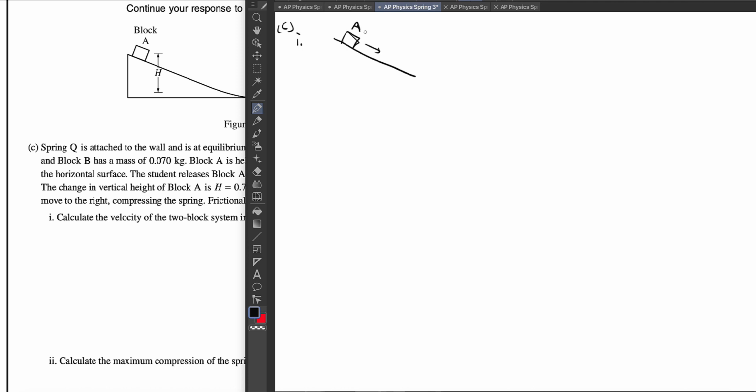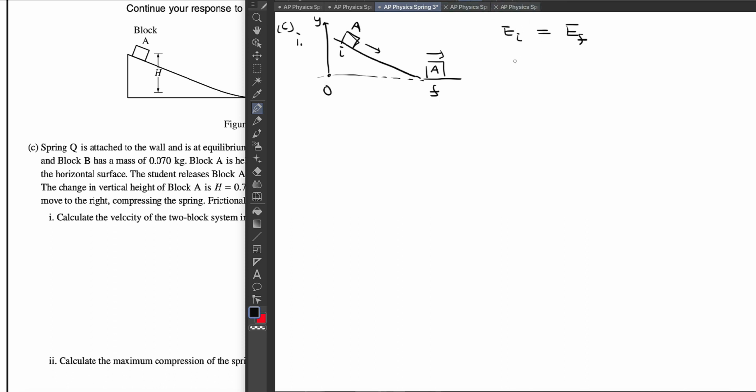Now when the block A slides down, the total mechanical energy of A is conserved. So right before the collision, we call this one the initial position of A and that's the final position of A. So the initial mechanical energy equals the final mechanical energy of the block A. And we should use the bottom level as the zero potential energy level.